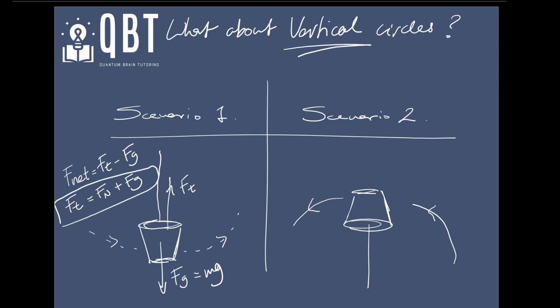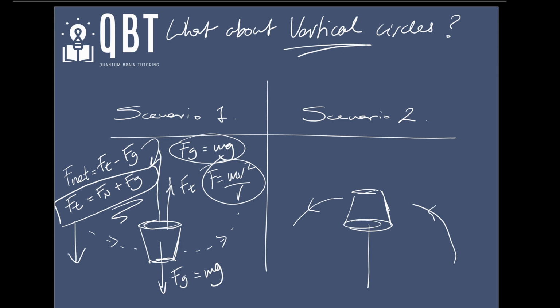And then if I wanted to find the tension, it would be a matter of breaking this equation down a little further, where Fg we know is equal to mg. So I would need the mass of the bucket, and the gravitational field strength is 9.8, and then F net is going to be F equals mv squared over r. I would calculate these two variables, and then use this equation to find the tension. The key step is going from here to here, where we rearrange.